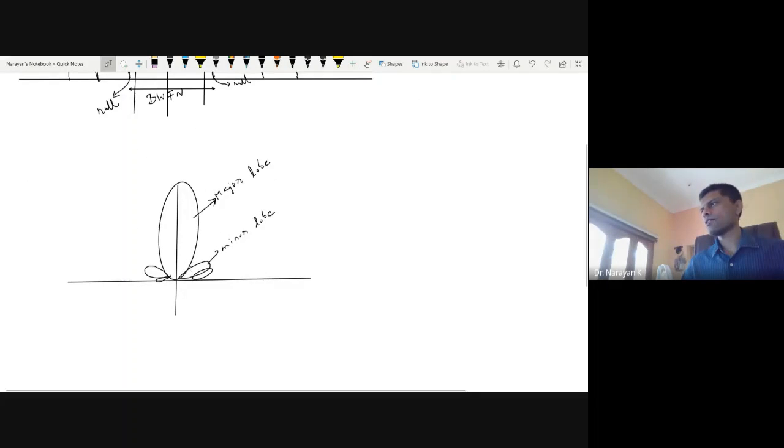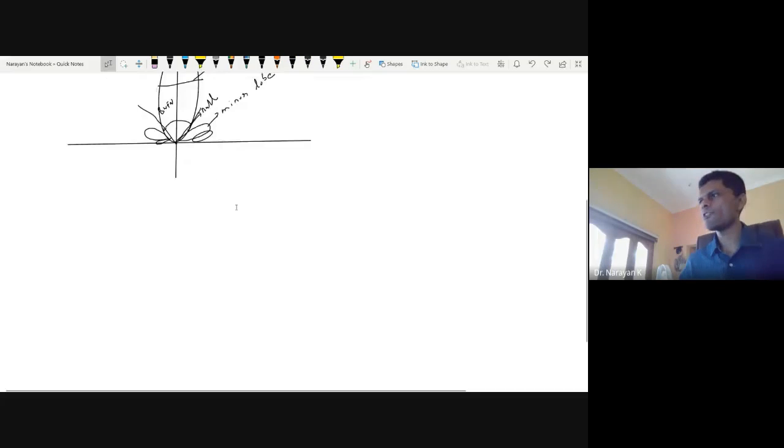This is a three-dimensional diagram, so the null will be in between these two lobes. This whole thing is your BWFN, the beam width between first nulls. And when 50% of the power drops, that is known as your half power beam width.